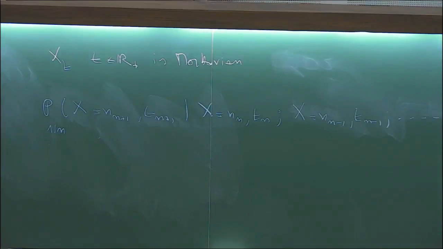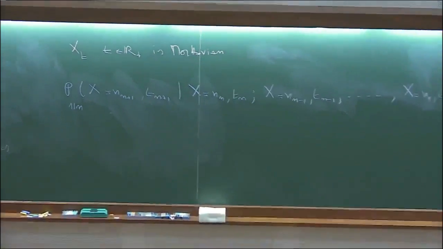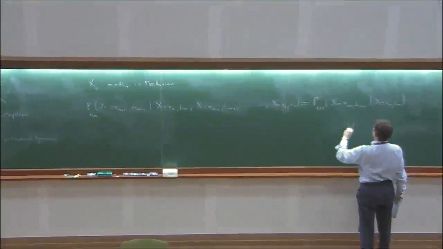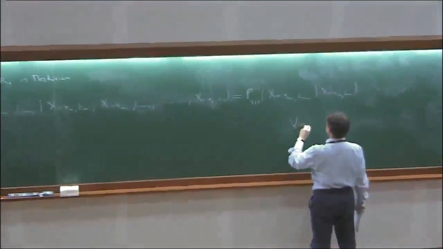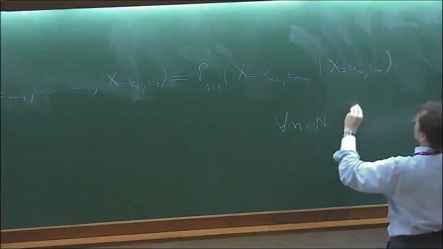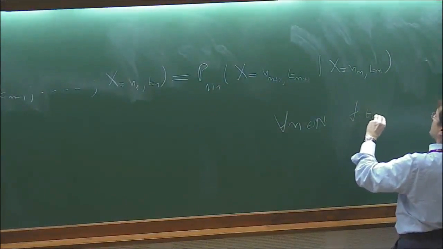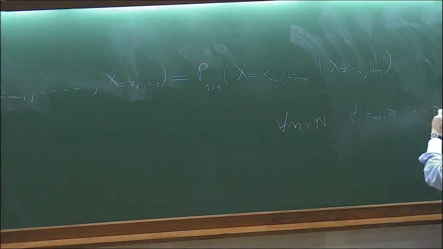Now, this object, if the process is Markovian, only depends on the last assumed value. This is the requirement: x = x_{n+1} at time t_{n+1}, simply conditioned on the value at the previous time. And the point is that you impose this requirement for all n in the natural numbers, and for all possible collections of times t_{n+1} greater or equal to t_n, down to t_1.